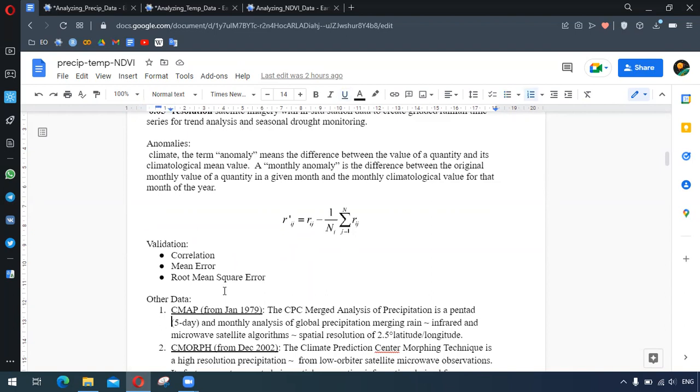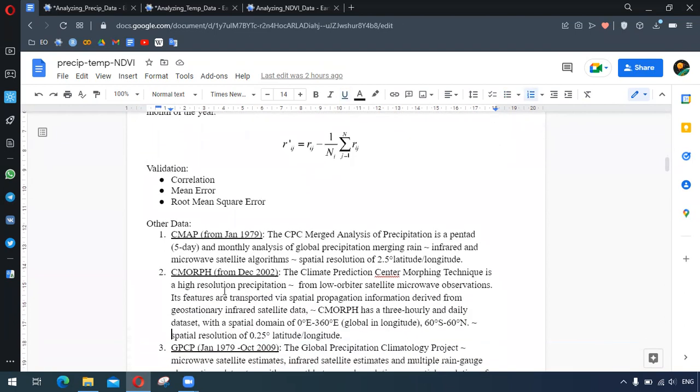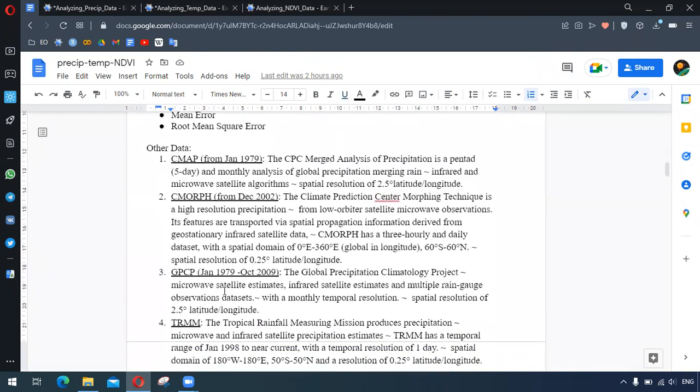And along with the CHIRPS dataset, we also have some other datasets. For example, there is CMAP, and this is based on infrared and microwave satellite algorithms, and it starts from January 1979. Similarly, we have CMORPH, started from December 2002. It is based on low orbiter satellite microwave observations. Similarly, we have the GPCP dataset.